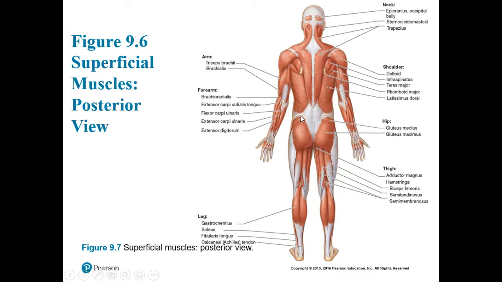Here's the other iliac crest, and then look at all the connections, right? There's connections from this muscle all the way over to the lumbar vertebrae, and also down to the sacral vertebrae. I did talk about the aponeurosis, which connects the occipital belly with the frontal belly of the epicranius.